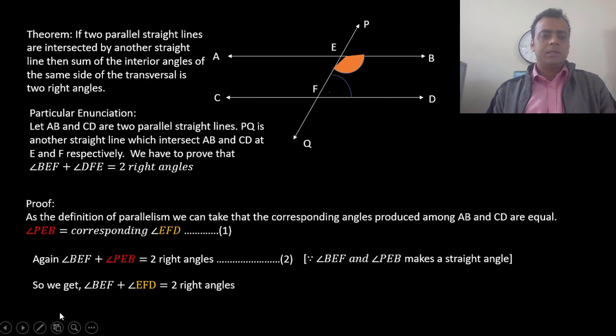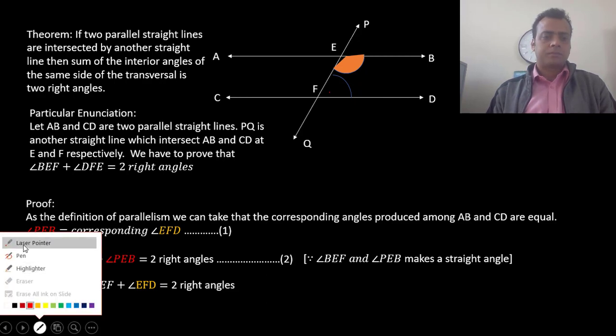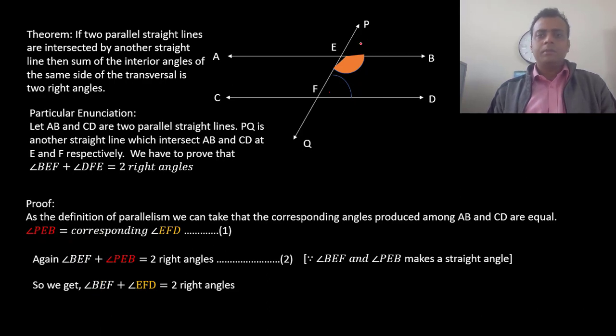Suppose PEB is x. If PEB is x degrees, then EFD is also x degrees. So when you add them, PEB plus BEF, take BEF as y. If this is x plus y degrees, then this is also x plus y degrees.